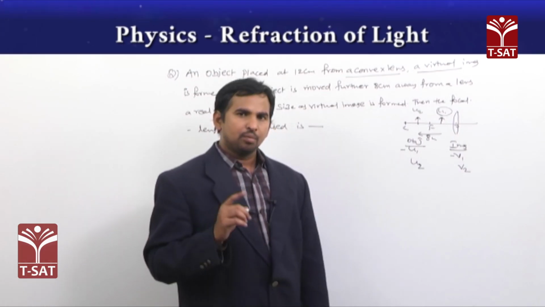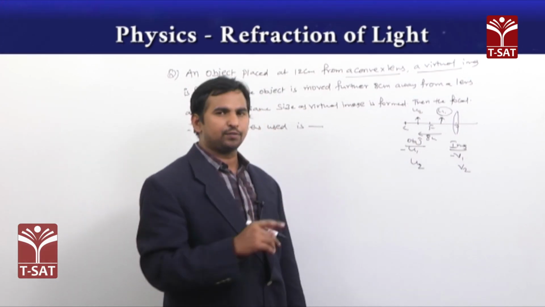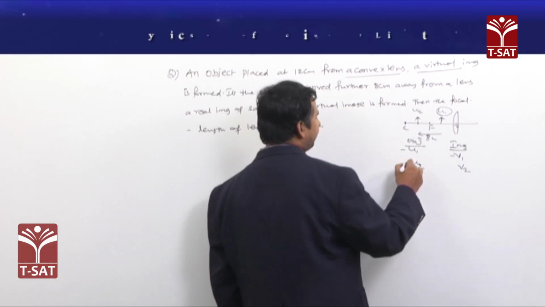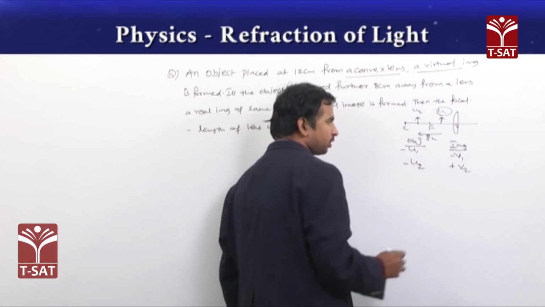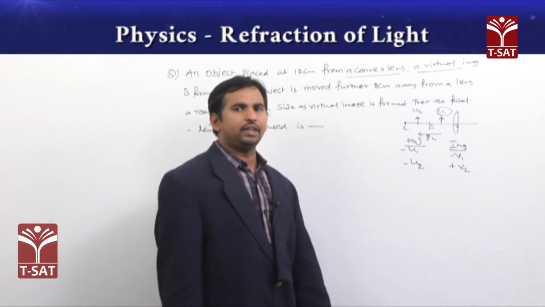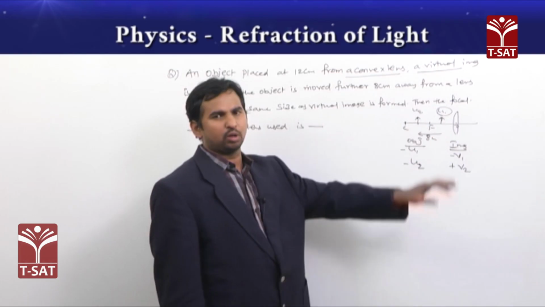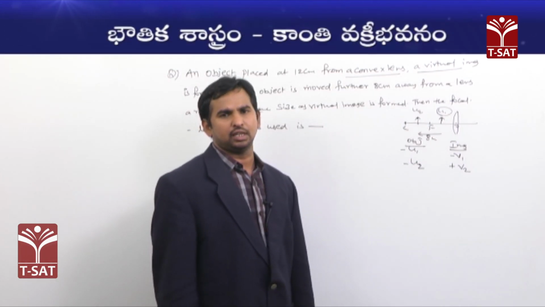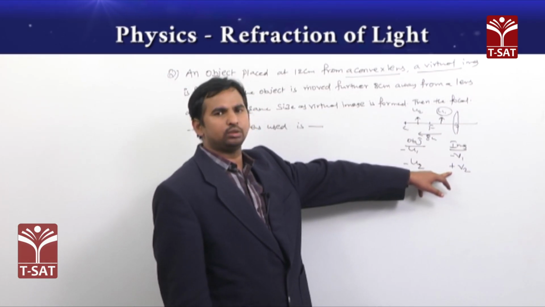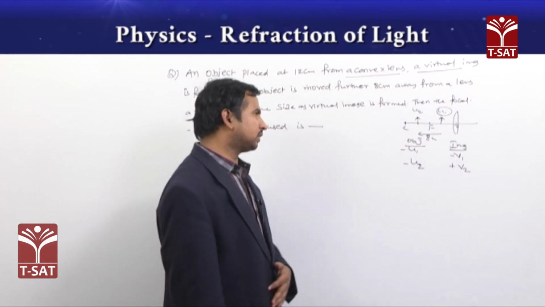But once the object is moved away by 8 centimeters, the object distance is negative but the image distance becomes positive, because in this case the image formed is a real image. A real image forms behind the lens, so we get a plus V2. Okay, at first we got that sign convention.